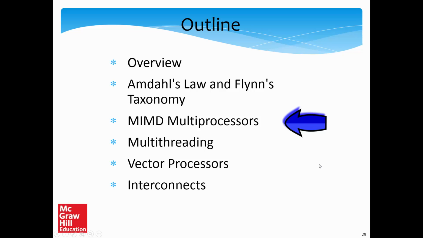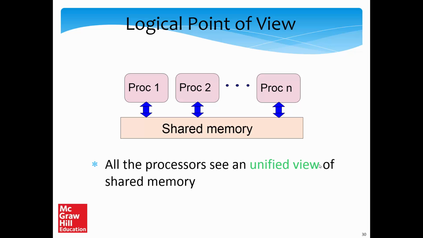So let's now engage in a deeper study of MIMD multiprocessors, in specific the SPMD paradigm. So let us first look at a logical point of view of how the different processors and memory are organized. This will be on the same lines as a von Neumann machine, albeit different because we have different processing units.